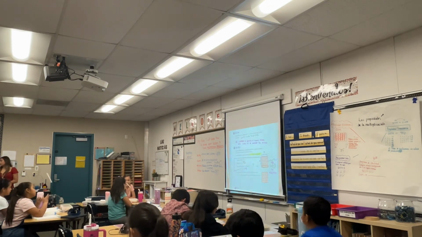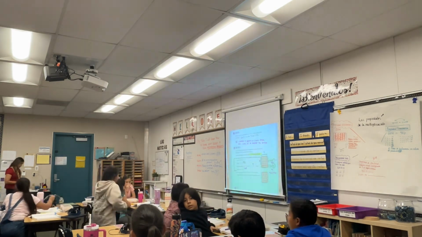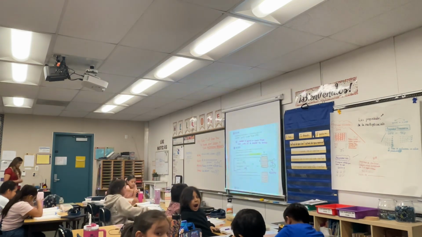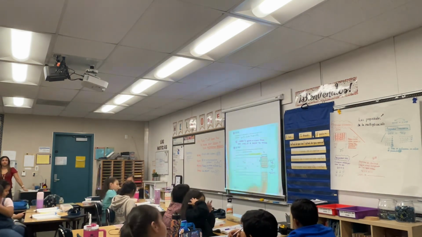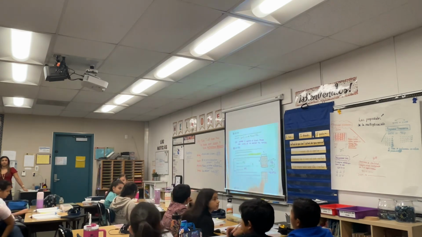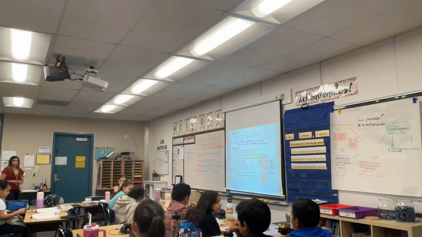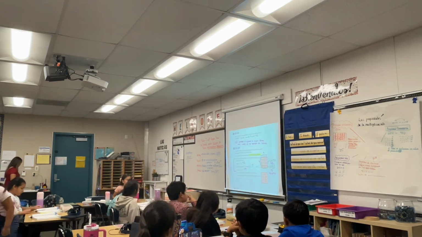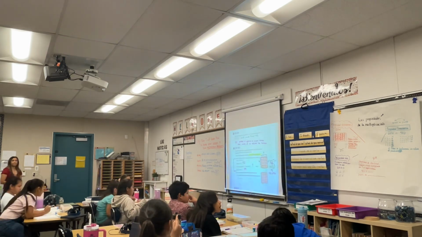Oh, sorry Dante, go for it. So you put the 1 by the 7 times 1. Okay, I see what you're doing, but we're looking at this picture right here. So how many is in this first box in this new picture?